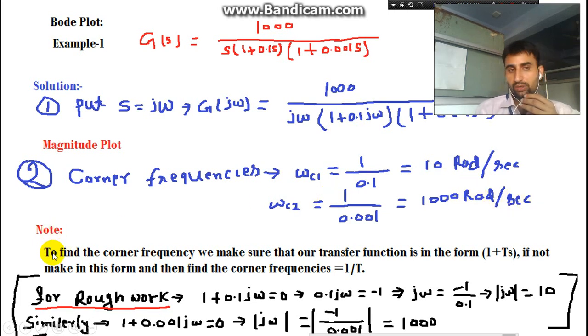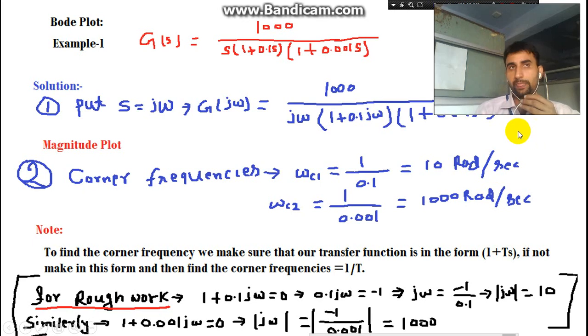Now note, to find the corner frequency we make sure that our transfer function is in the form of 1 plus ts. If it is not, for example if it is in terms of t plus s or s plus t, then you make it in the form of 1 plus ts by taking the constant common. For example, there is a term s plus 2.